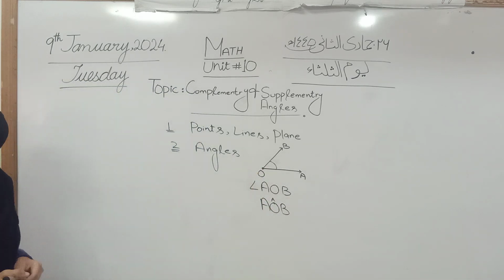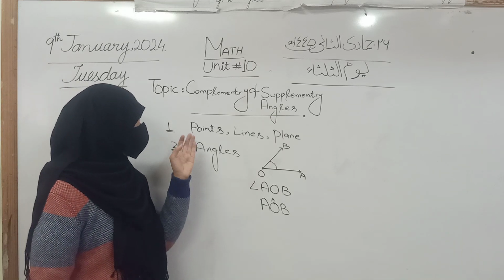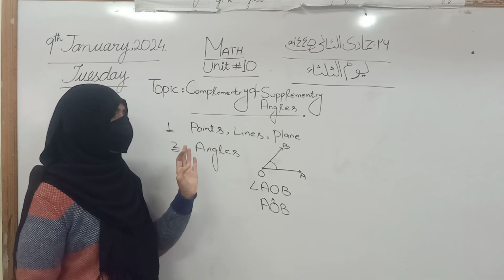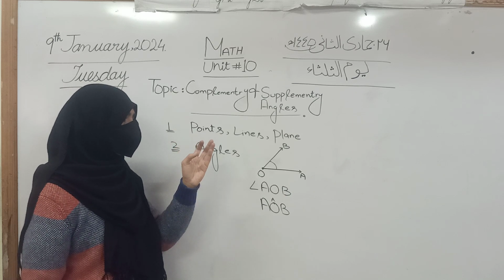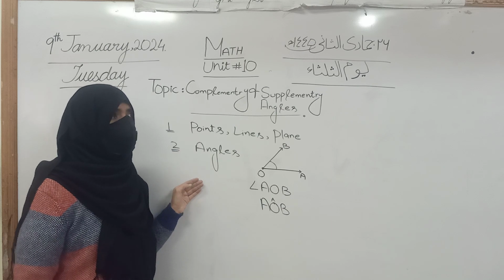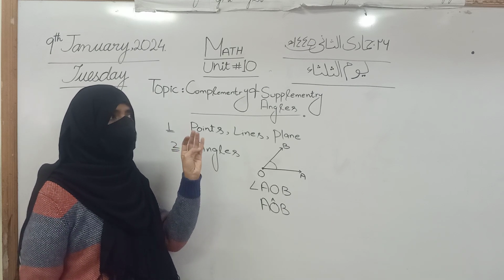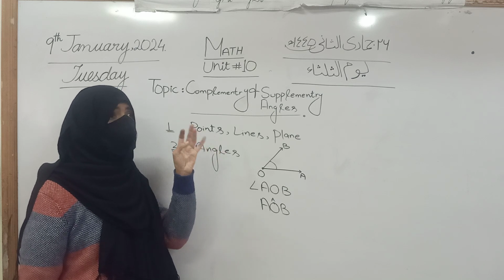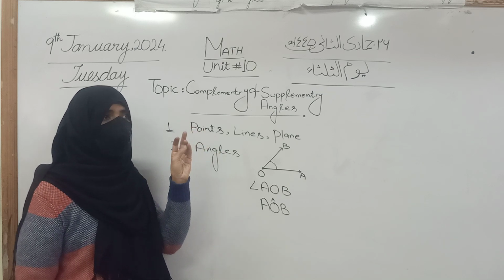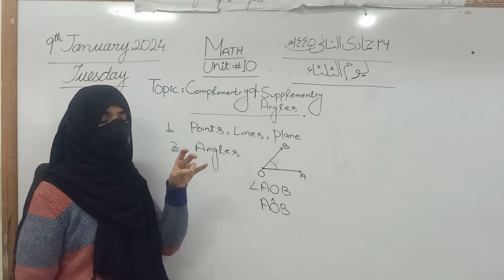Now by using these terms, we should have basic ideas about points, lines, planes and angles. Further, you have discussed types of angles like acute angle, obtuse angle, right angle and reflex angle. We have studied 4 different types: acute, obtuse, reflex and right angles.